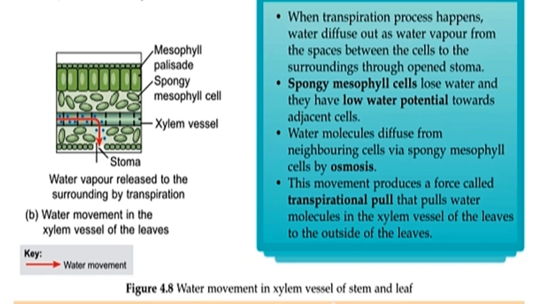So this movement will produce a force called transpirational pull that pulls water molecules in the xylem vessel to the leaves, out to the outside of the leaves through the opening of the stoma. Okay, so water vapor will be released to the surrounding by transpiration.